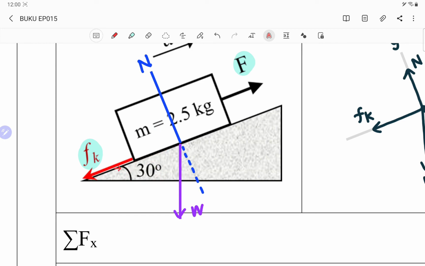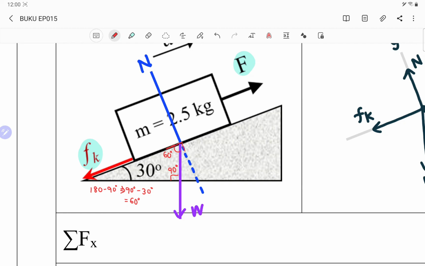Okay, now where does this 30-degree angle sit? We know a triangle's total angle is 180. This is a right-angle triangle, so here it has taken 90 degrees. 180 minus 90, we are left with 90, right? So of that 90, we have 30 here. 90 minus 30, we have 60 degrees, which is here. So this is 60 degrees.